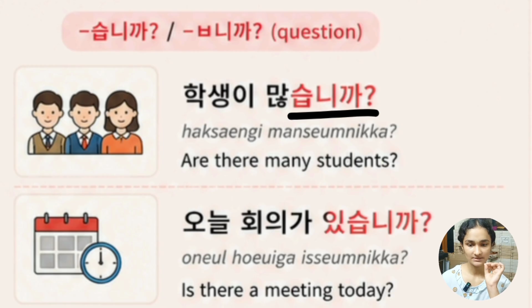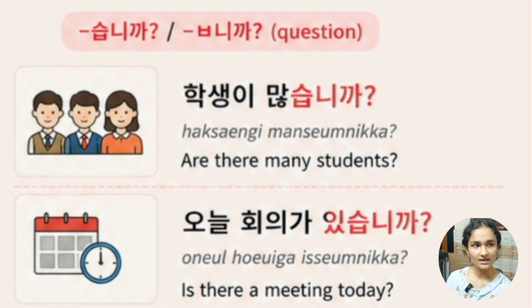And ㅎ is a consonant, so we'll be using 습니까. 학생이 많습니까? Like, are there many students? So the answer will be yes, there are many students. 네, 학생이 많습니다. Again, we use 습니다 because it ends with a consonant.